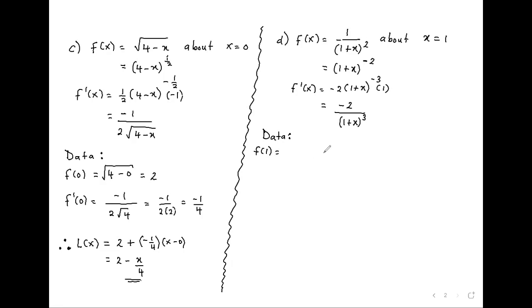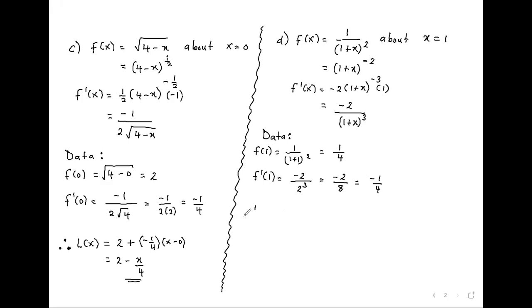f of 1 is 1 over (1 plus 1) squared, which is 1 over 4. f prime of 1 is -2 over 8, that's -1/4.